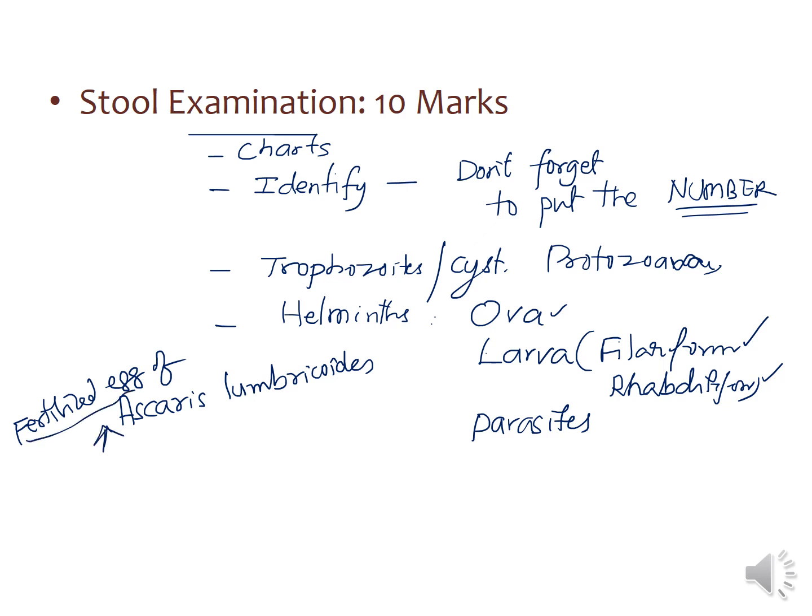This is the correct identification of the egg of Ascaris. Don't write just Ascaris lumbricoides. Even the same thing in case of Trichuris trichiura: if we keep the egg of Trichuris trichiura, then you have to write egg of Trichuris trichiura, not just Trichuris trichiura.